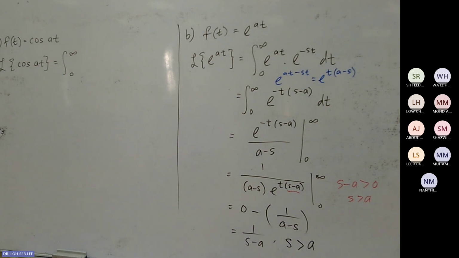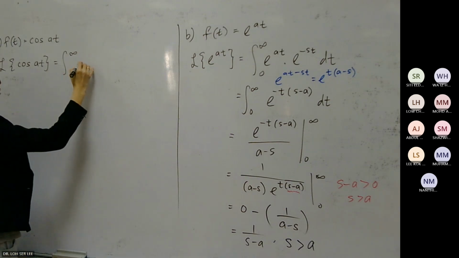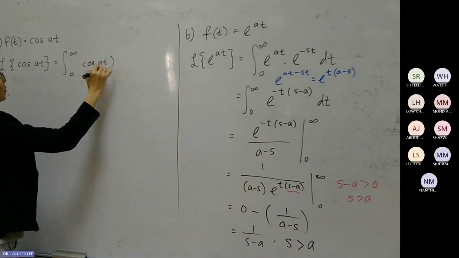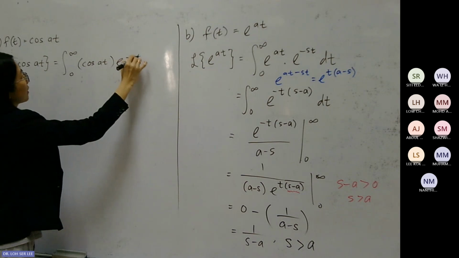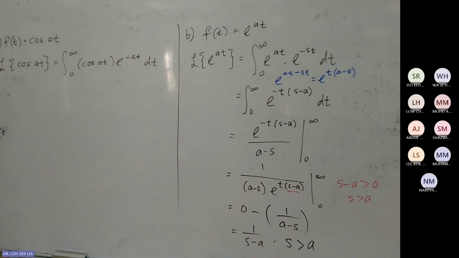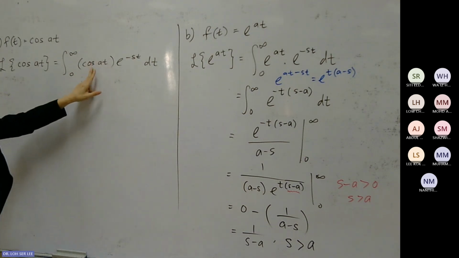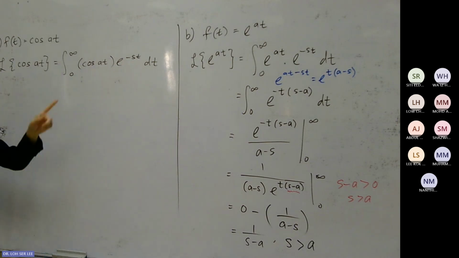So we need to multiply cos at to the e negative st. Cos at multiplied to the e negative st. You have the t under the cos function, you have the t under the exponential function. So how do you integrate this?